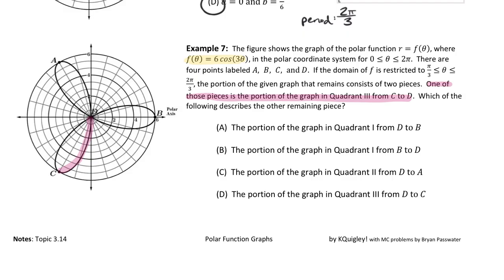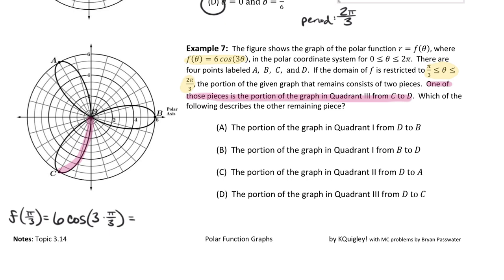The interval they've told me we are restricting this to is between pi over 3 and 2 pi. So let's just quickly see what's happening at that interval. We're going to go back to some of the ideas we had from the first multiple choice question we saw. Let's plug in pi over 3, which means we're plugging 6 cosine of 3 times pi over 3 into our brains.